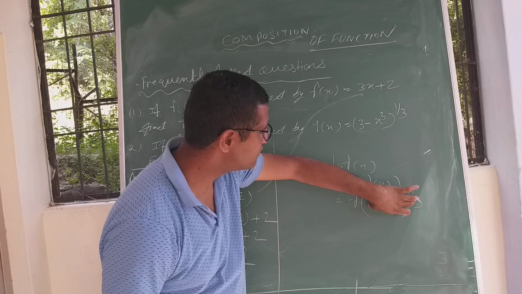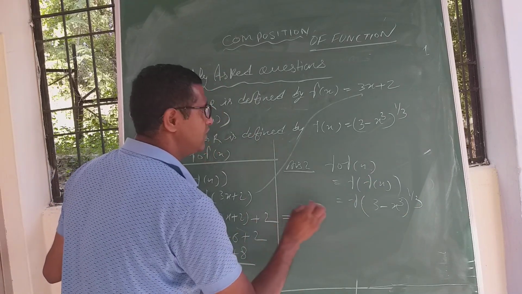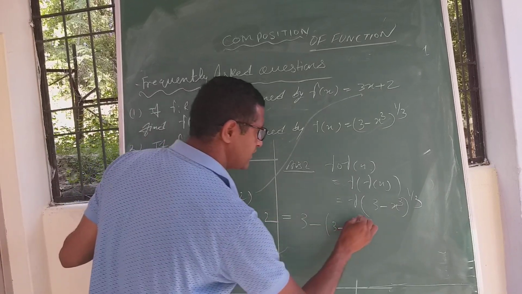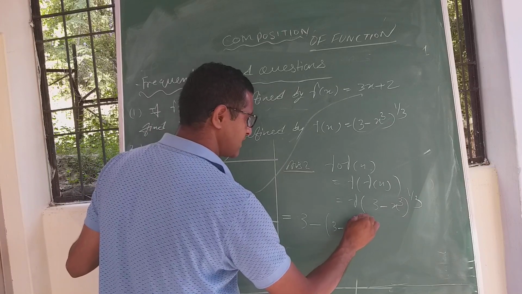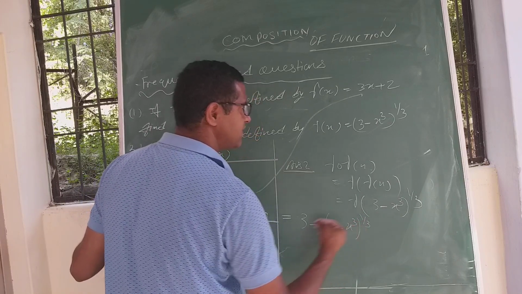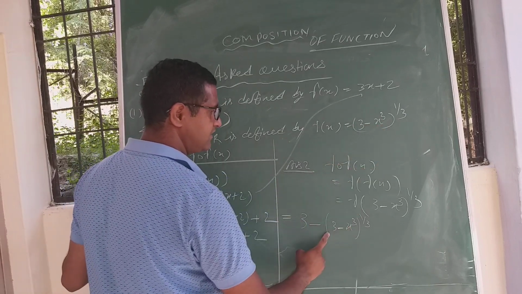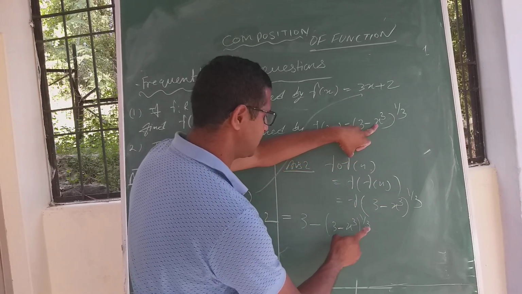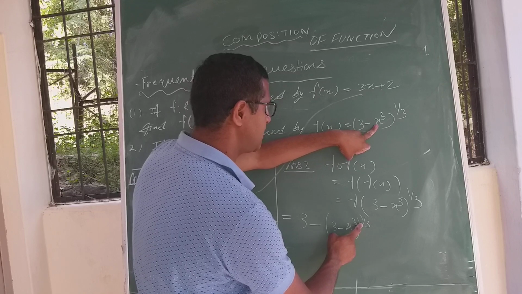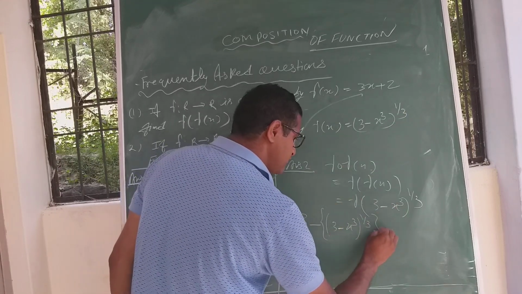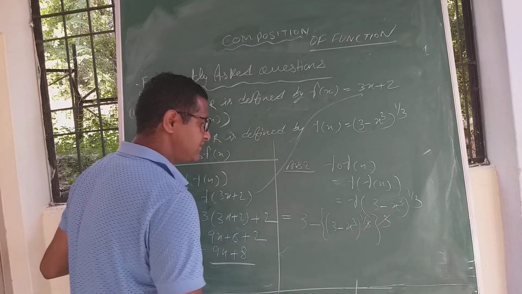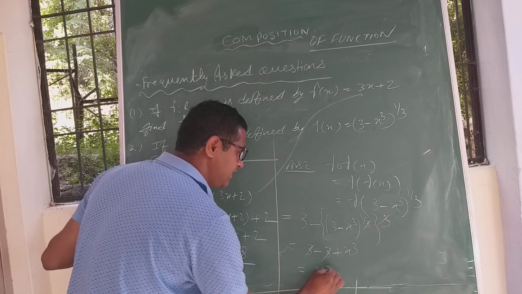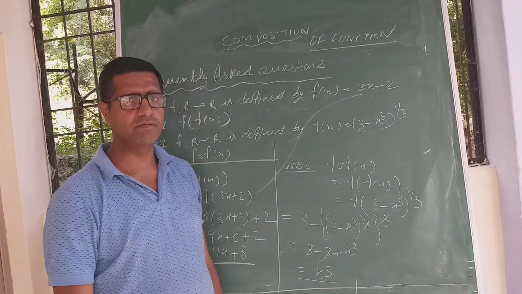In place of x you put this value, so this equals 3 minus ((3 − x³)^(1/3))³, all to the power 1/3. The cube of the power 1/3 term is 3 − x³, so it becomes 3 − 3 + x³. The 3s cancel and you get x³. This is the answer. So thank you very much. Have a nice day ahead.